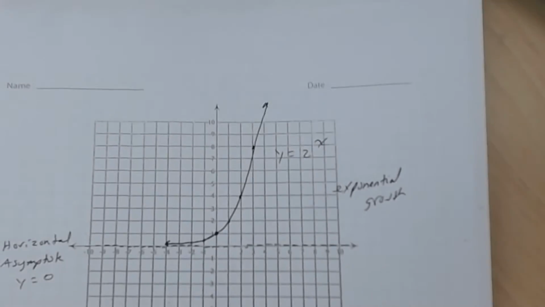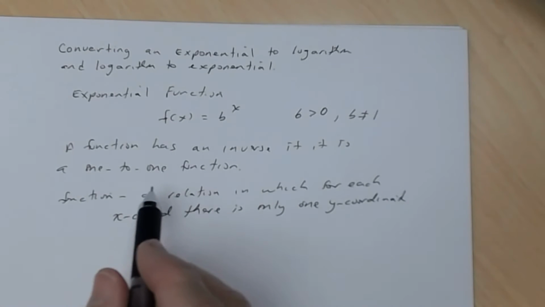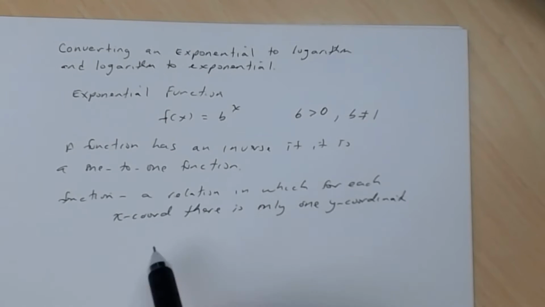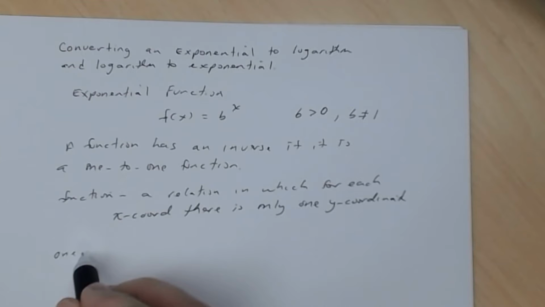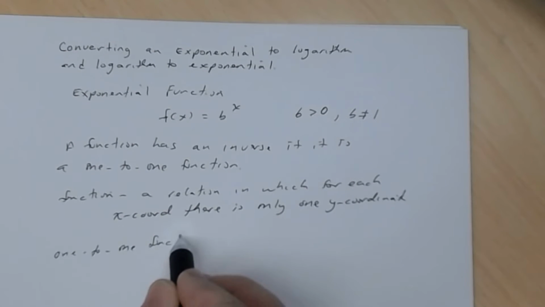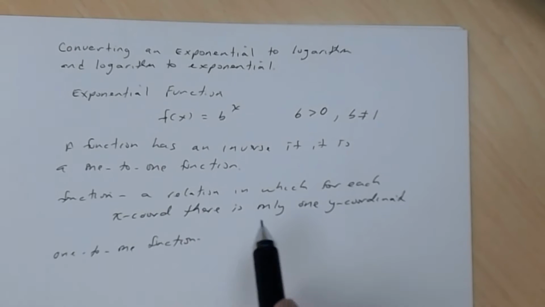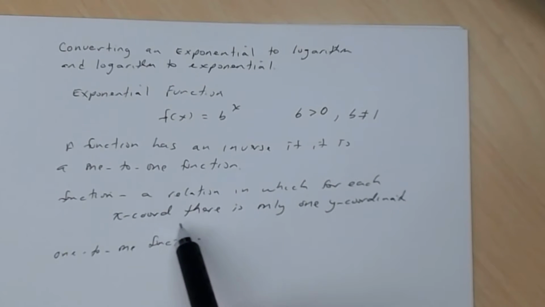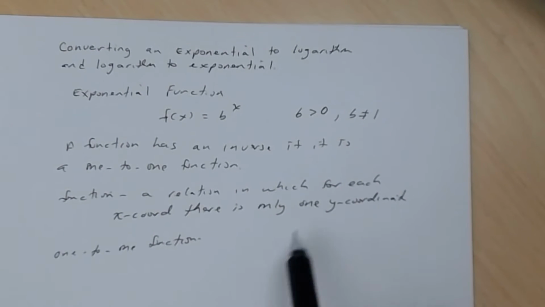All right, so these are all functions. But in order for a function to have an inverse, it has to be a 1-to-1 function. So a 1-to-1 function is this. Remember, a function is that for each x-coordinate, there has to be exactly one y-coordinate.